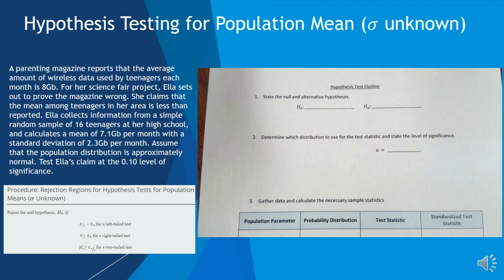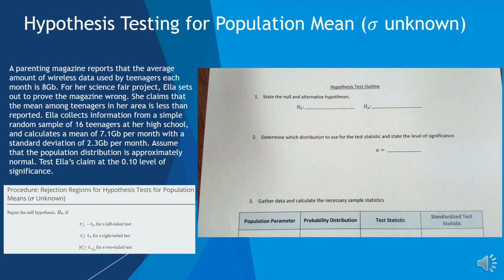Since we do not know it, we're going to use the student's t-distribution. Now let's go down and calculate our test statistic. Again, we are looking in the middle row because we do not know the population standard deviation.